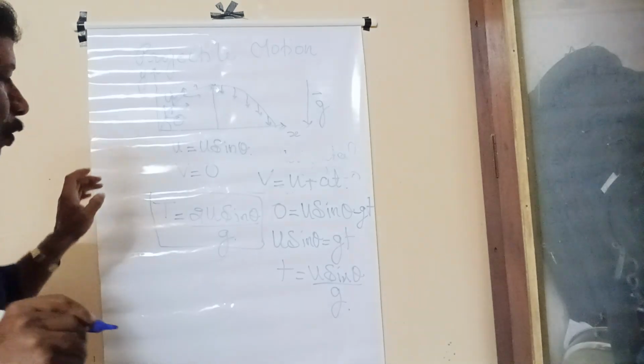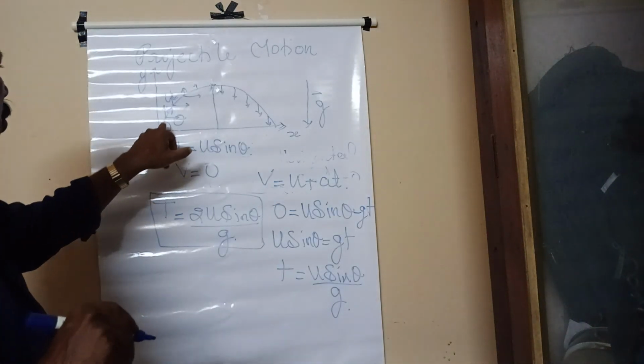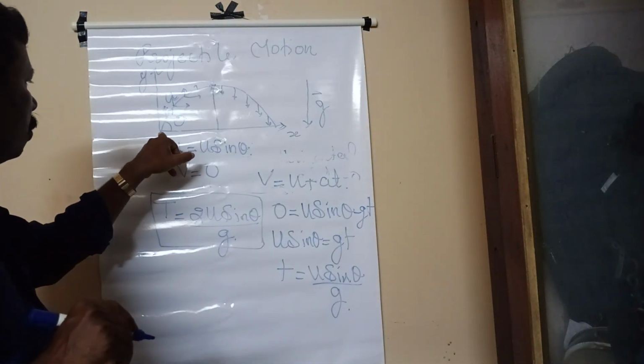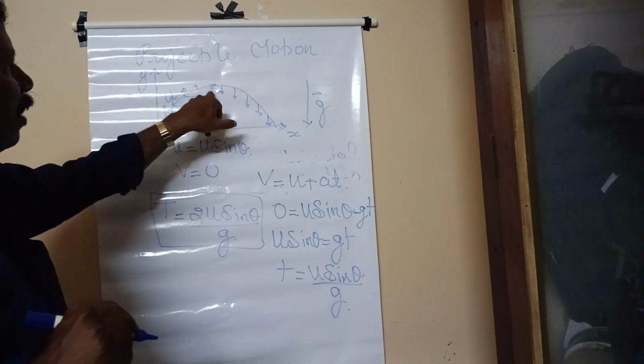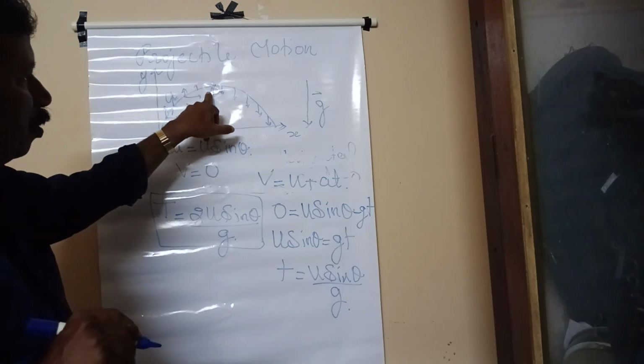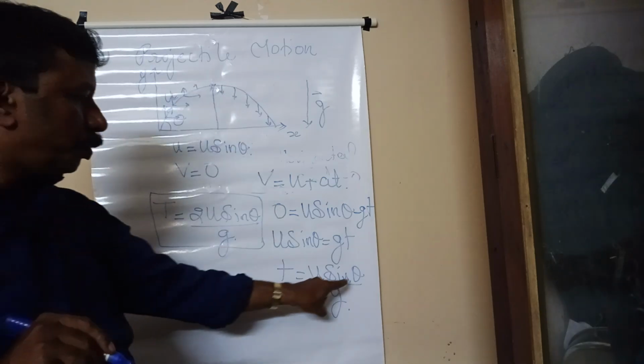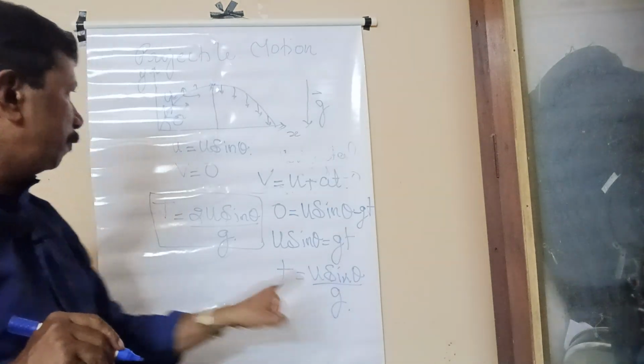The time taken to reach the maximum height from the starting point is u sin theta divided by g.